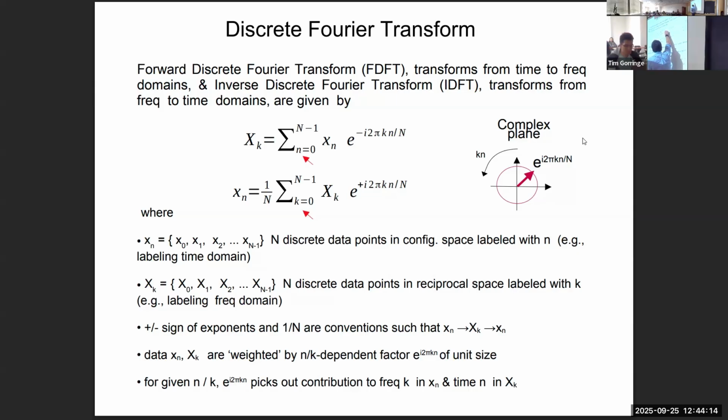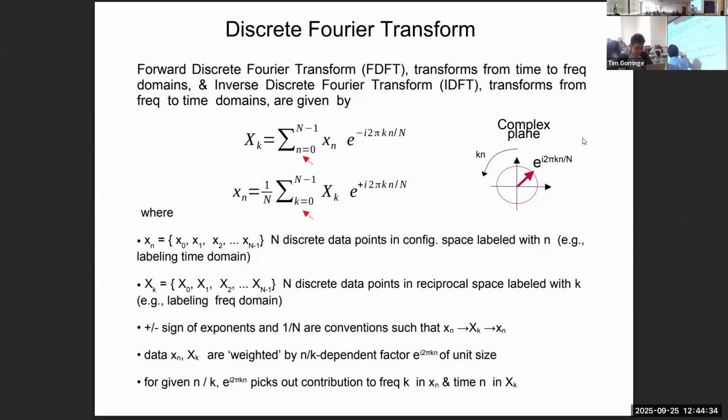The forward Fourier transform and the inverse Fourier transform are these two equations here. I better say what's in those equations, because we're going to be using them as we do our Fourier analyses.